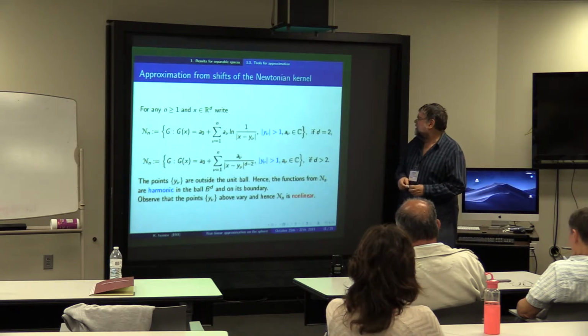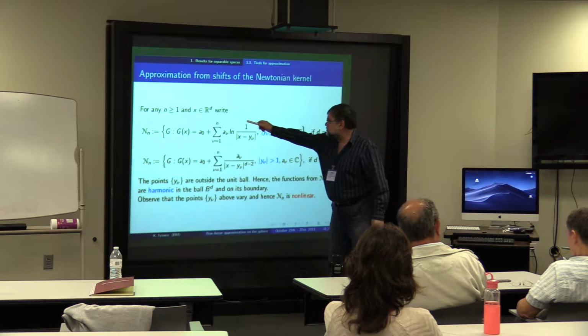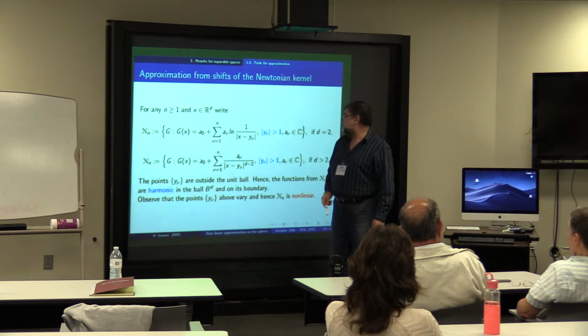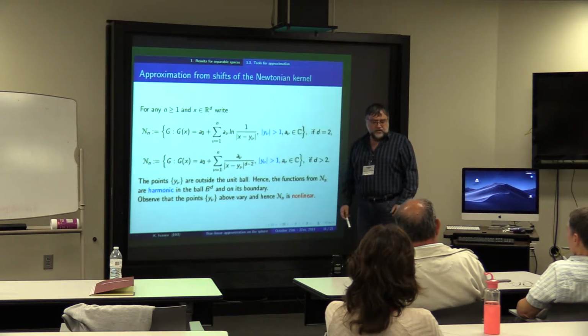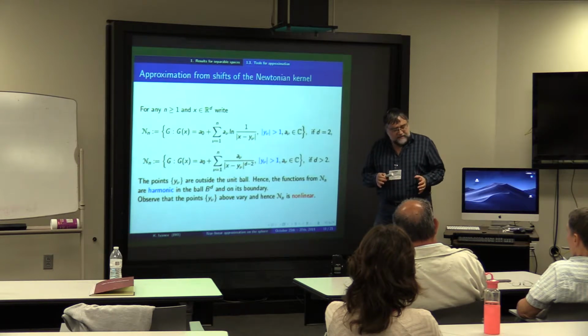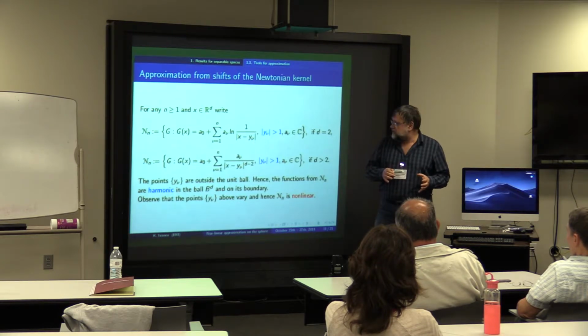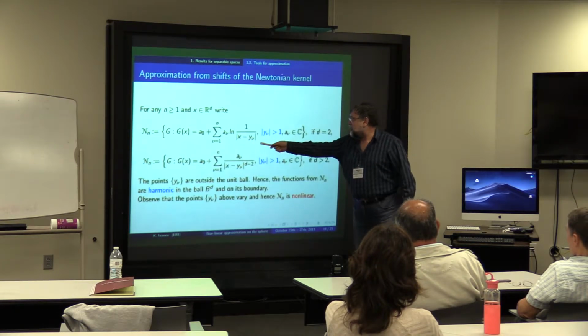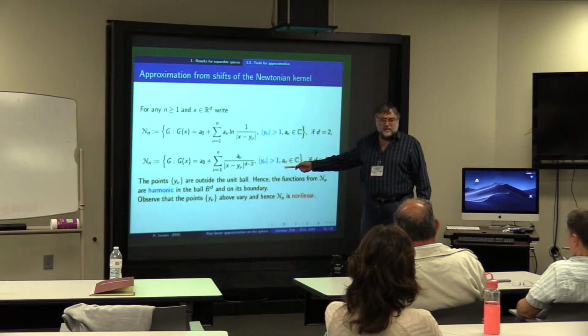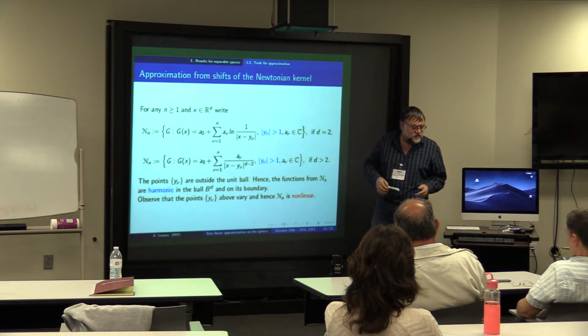And these functions represent harmonic functions inside the unit ball and also on the unit ball, provided all points y nu, which are written here, are bigger than 1, outside of the unit ball.